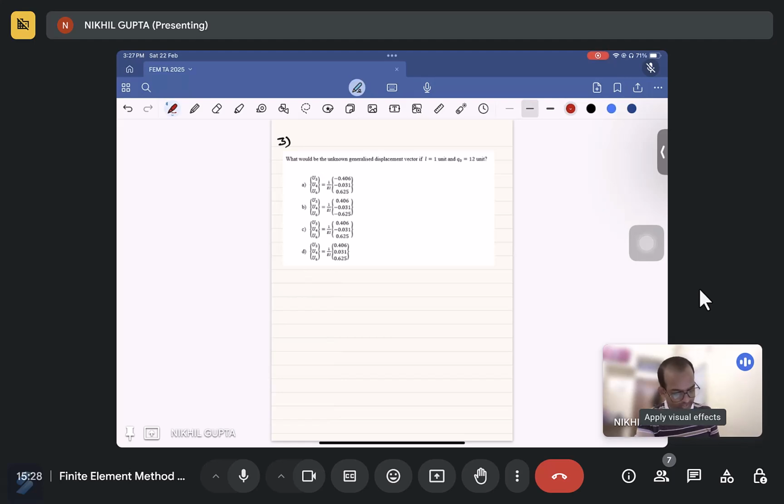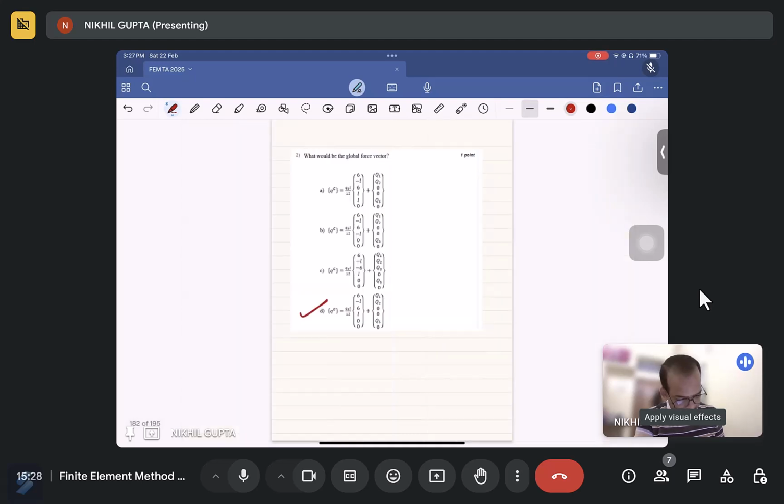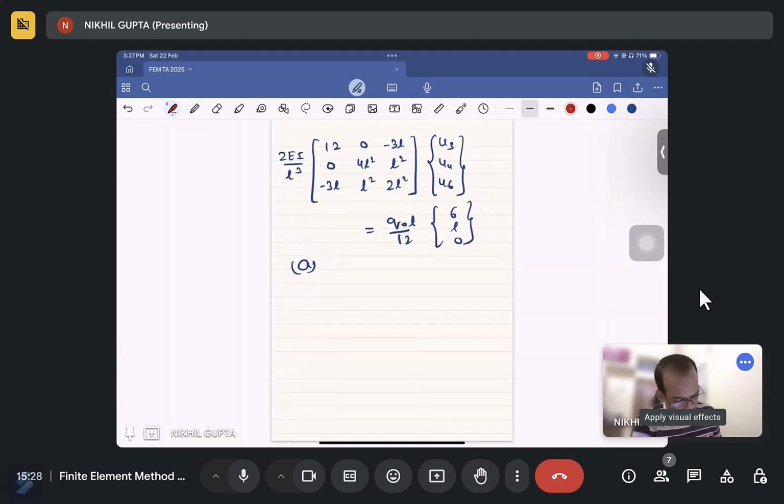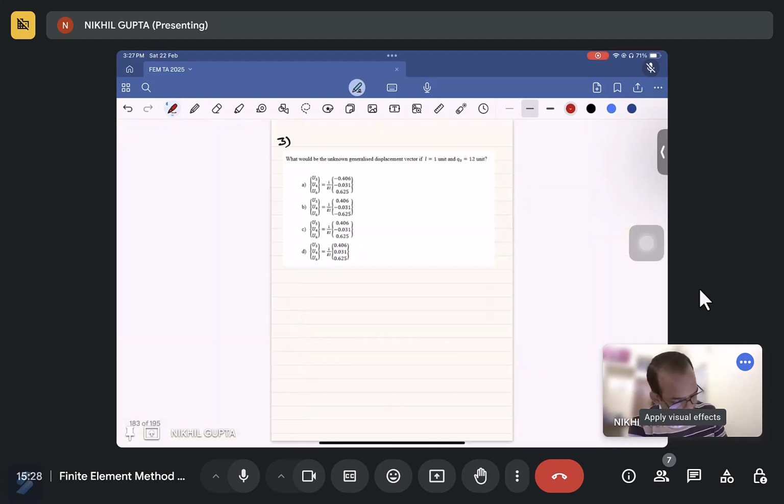So it is the continuation of the first question. Now they are telling us to solve this problem, so I'll write this equation again to solve it.